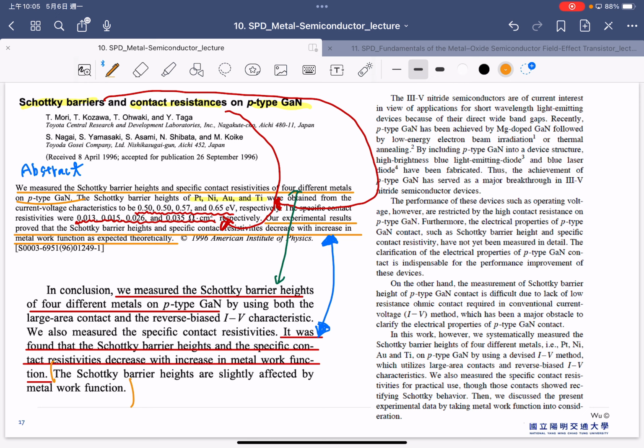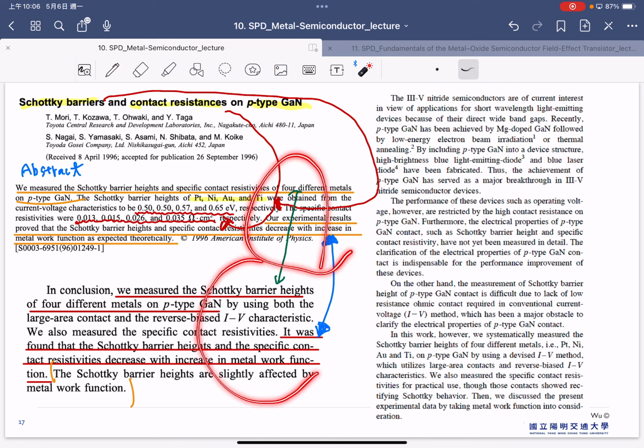They do different experiments and then try to extrapolate the Schottky barrier height and contact resistance, and they found certain correlations. That's all. Right now, if you are not in the field of gallium nitride, that doesn't matter, because so far we haven't talked about gallium nitride here, but you are already able to understand the abstract and conclusion.